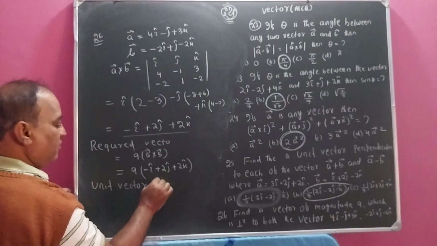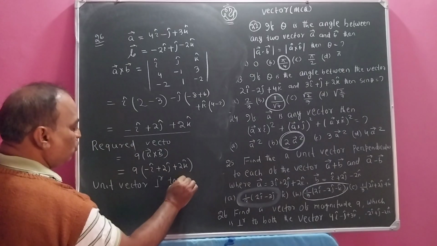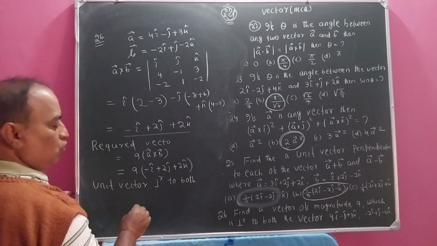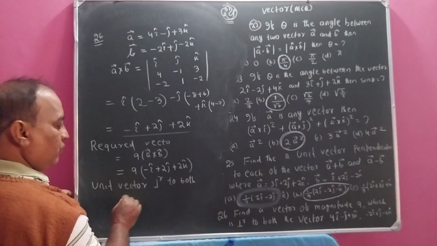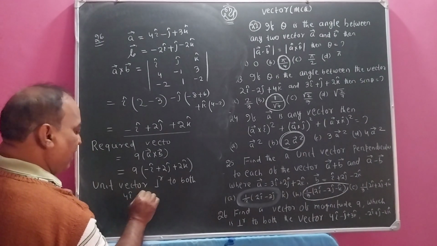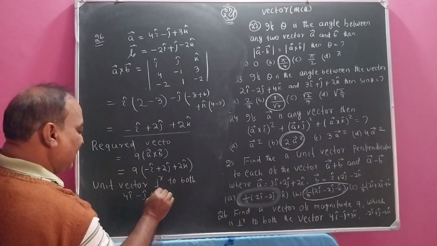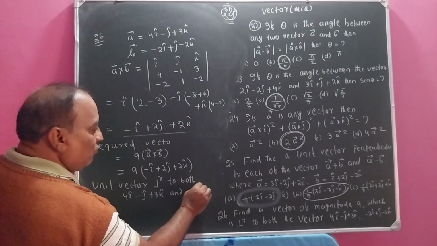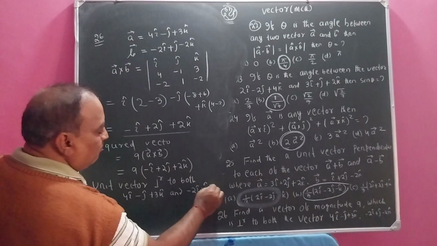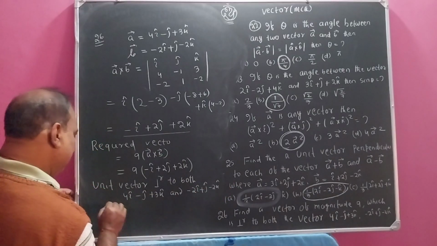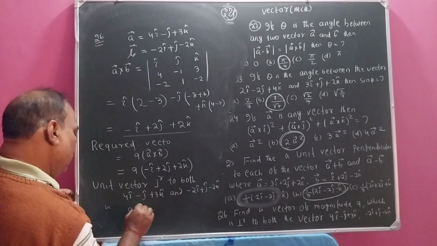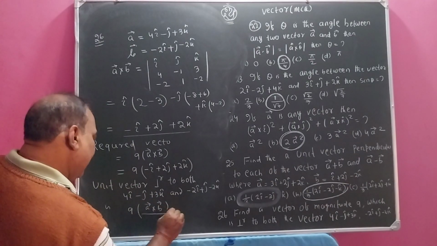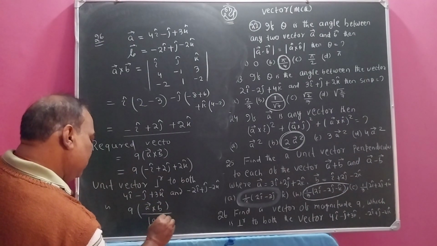Unit vector perpendicular to both 4i cap minus j cap plus 3k cap and minus 2i cap plus j cap minus 2k cap is 9 into A vector cross B vector divided by magnitude of A cross B vector.